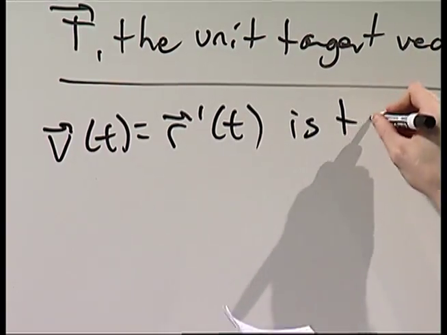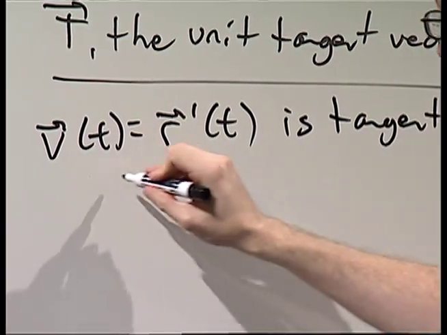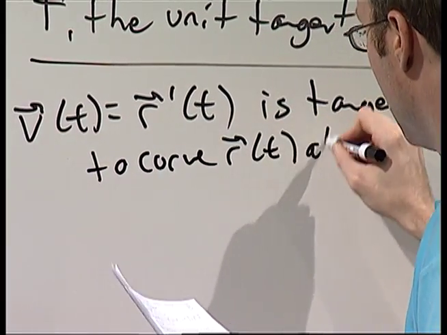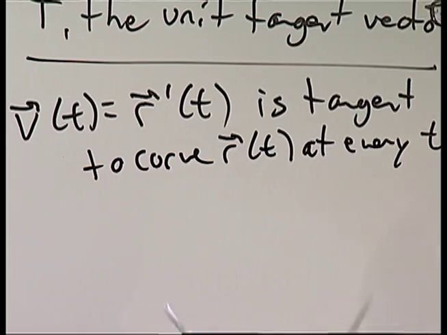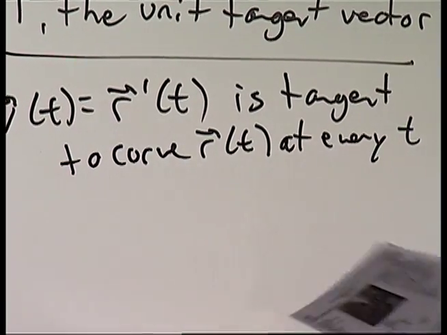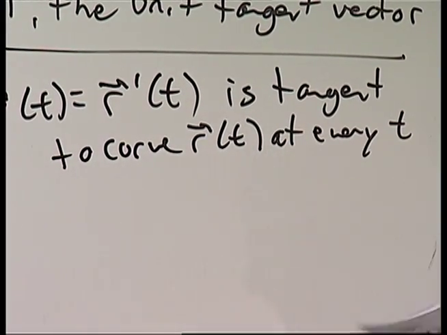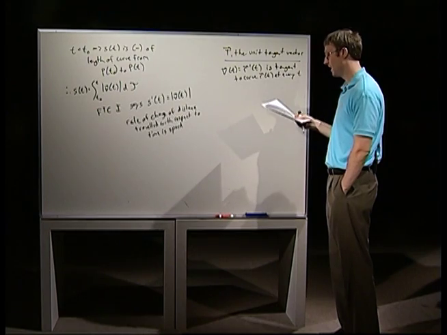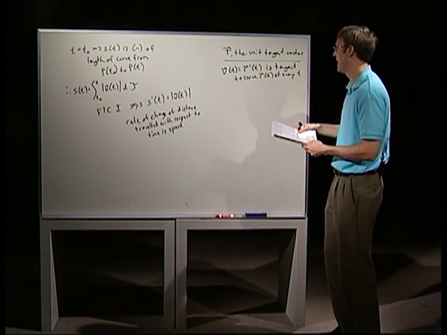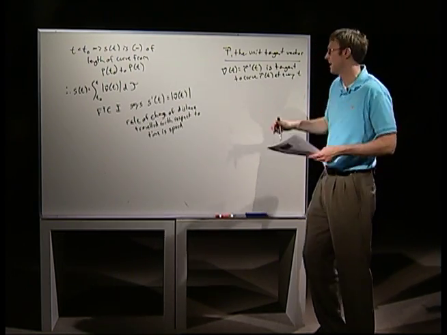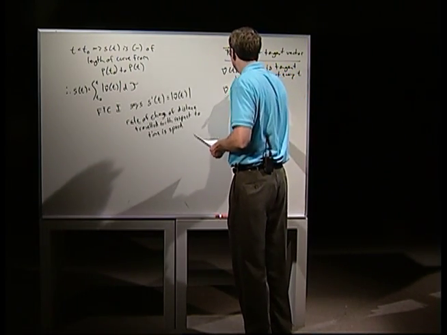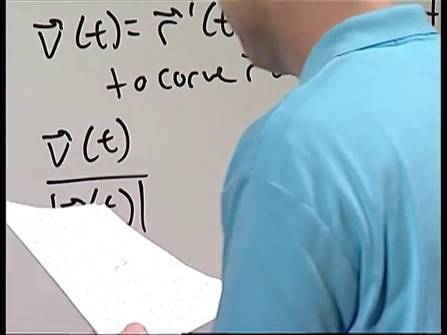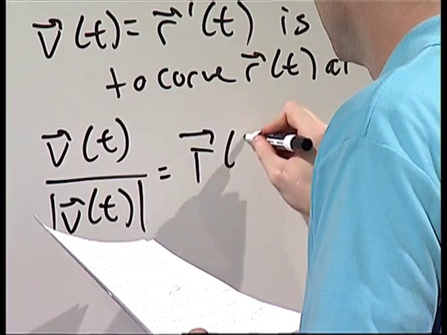And we know that velocity is tangent to the curve at every t. That's a property of the derivative. The derivative is a tangent vector to the curve at every t. It is not necessarily a unit vector, certainly, but if you divide by its length, if you normalize, you get a unit vector. So if I take v of t and divide it by its length, what do I get?